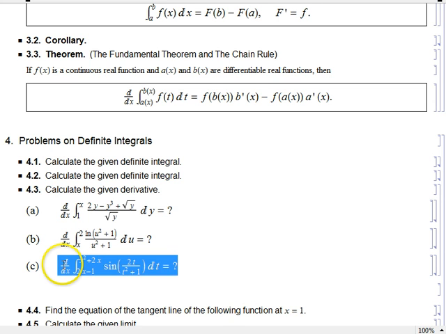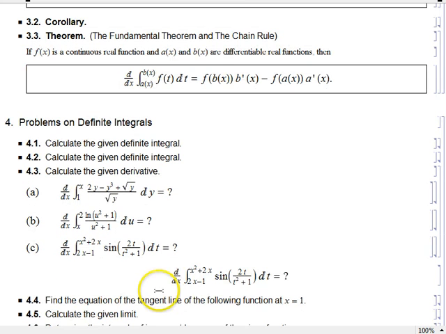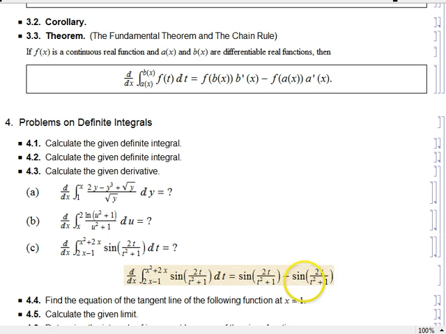Let's just copy this, and then let's go ahead. This formula says all you have to do is replace t by the top and bottom, so it's going to be the sine of that thing minus sine of that thing, and then in place of t I have to replace that by x squared plus 2x.